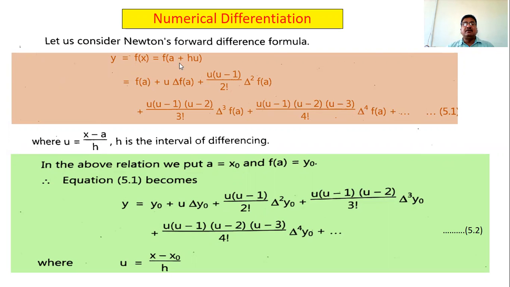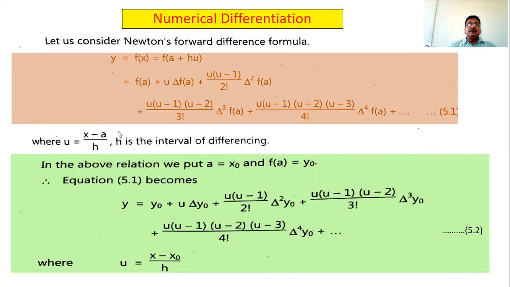And u is (x minus a) divided by h. What is this? u is x minus first point divided by h. In Newton's forward difference formula, u is x minus first point divided by the common difference, and in the backward difference formula, it is x minus last point divided by h, that is the common difference.